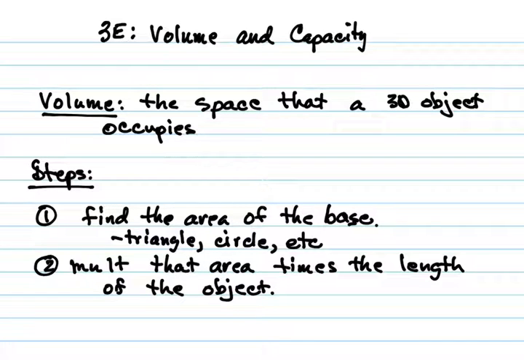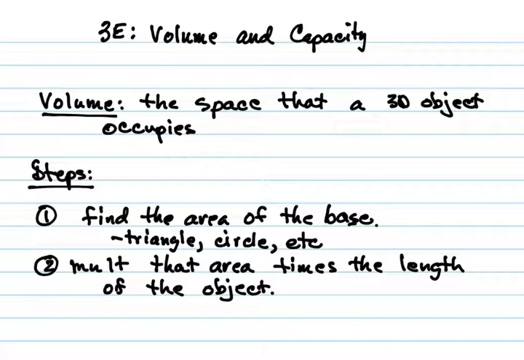And the length may not look like a length in some cases. It looks like part of the other formula. You need to make sure that you tease it out to find out what piece it can be. And you may want to rotate these or flip them over. Remember the trapezoid, the trapezium that we looked at last time? We had to move it around to make it work.